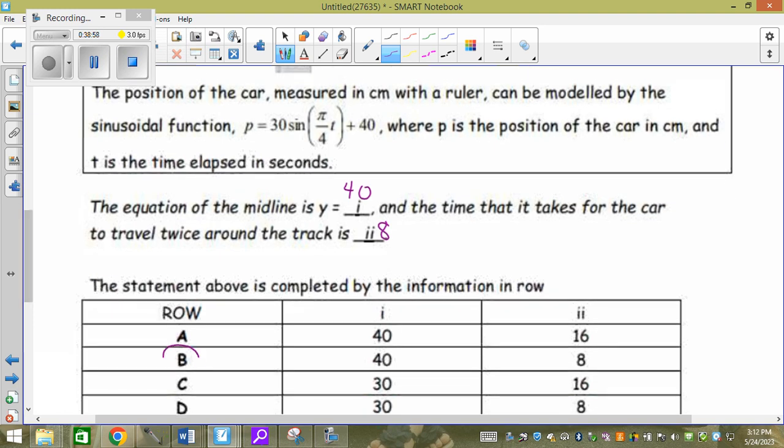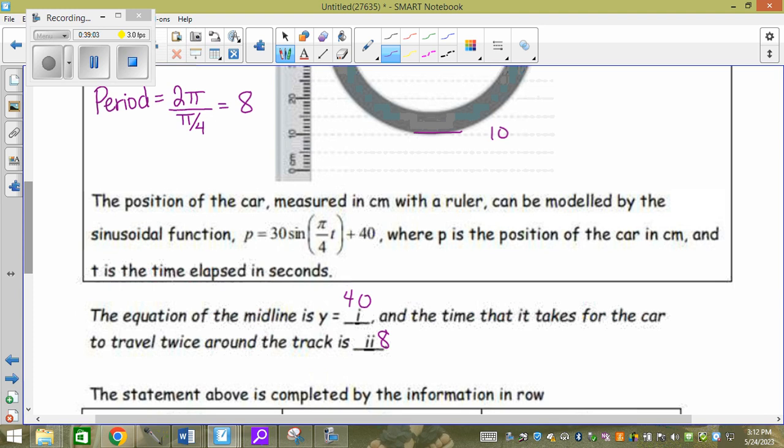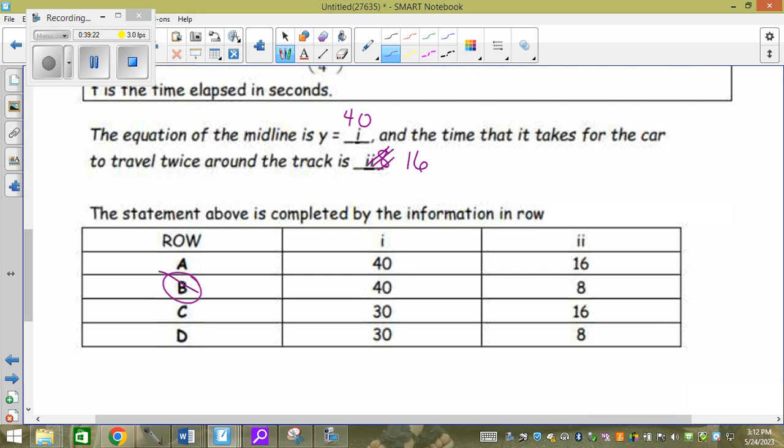B. Yep. Sorry? Oh, 16. Oh my gosh. I would have got this wrong. Good call. I took a common error. You'd say, absolutely. Bet you that one's picked more than the other one.